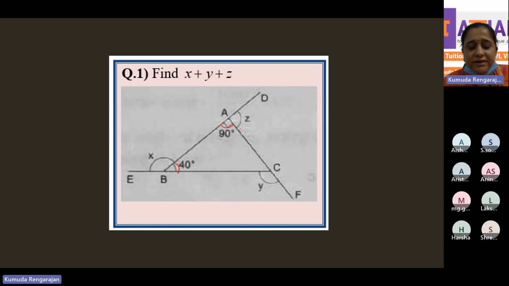X, Y, Z are the three exterior angles of the triangle. The sum is always 360 in any polygon. The sum of all the exterior angles is equal to 360 degrees.